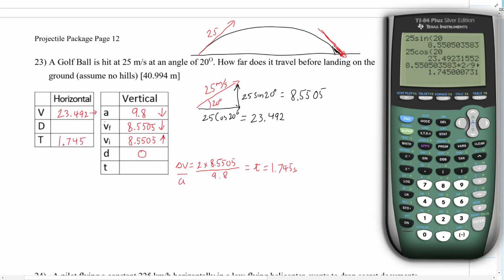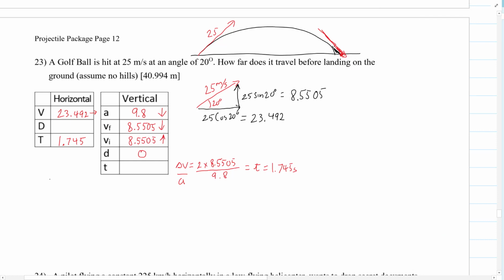1.745 seconds. And then we're trying to find out the range. The range is just another term for the horizontal distance, and that's going to be velocity times time.